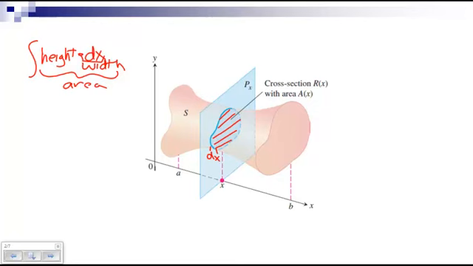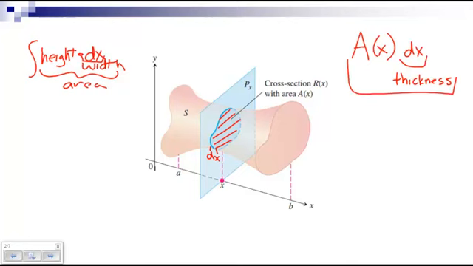If I took an area and multiplied it by a bit of thickness, the result is a bit of volume. Just one little bit of volume though.